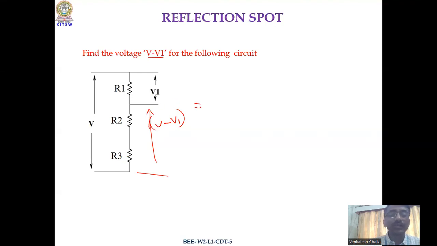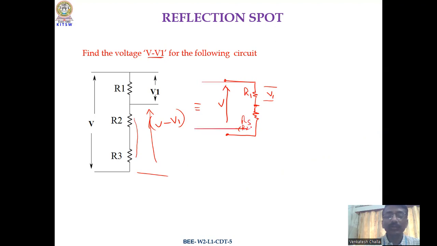So now I can write this as, instead of three resistors, I can just represent it as two resistors. So this is voltage V, this is R1, and here we have V1. R2 and R3 can be combined as a single resistance RS, that is nothing but R2 plus R3. Now this voltage I want. This voltage is nothing but V minus V1, let us call it V2.